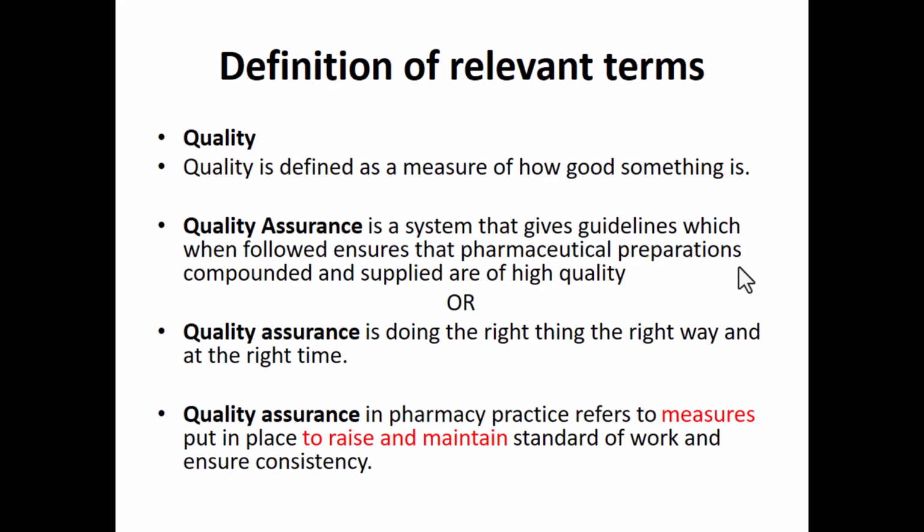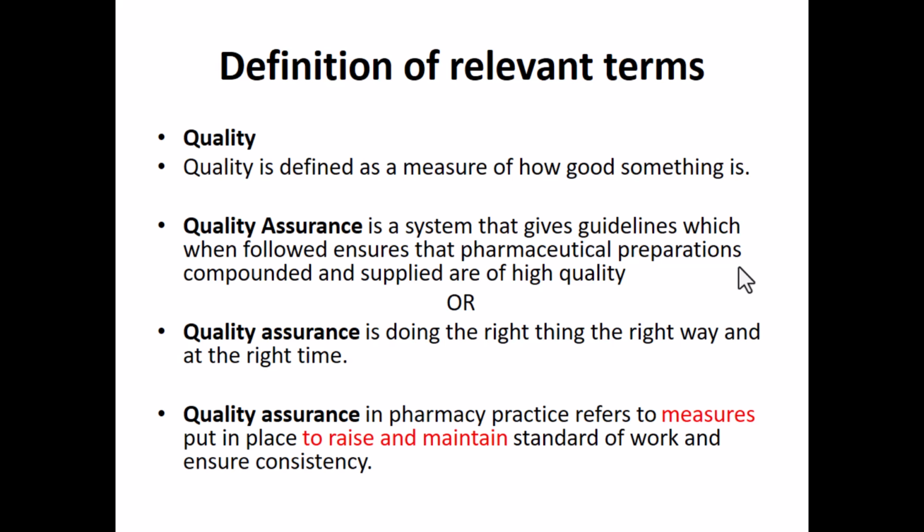So that is quality assurance: a system that gives guidelines which, when followed, ensure that pharmaceutical preparations compounded and supplied are of high quality. The main purpose is to make sure that the pharmaceutical preparations your patients are receiving are of quality. When they're of quality, you reduce adverse drug reactions that can come up as a result of poor quality drugs.